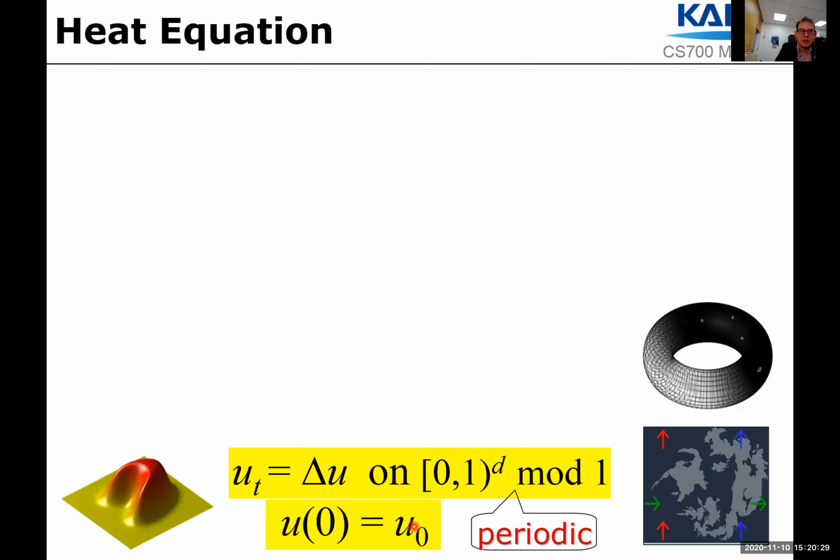So here's a picture, an animation of what kind of evolution the heat equation initiates, and the physical meaning of the heat equation. Why is it called the heat equation? Imagine some two-dimensional body, like here, some plate, and part of the plate is initially heated.